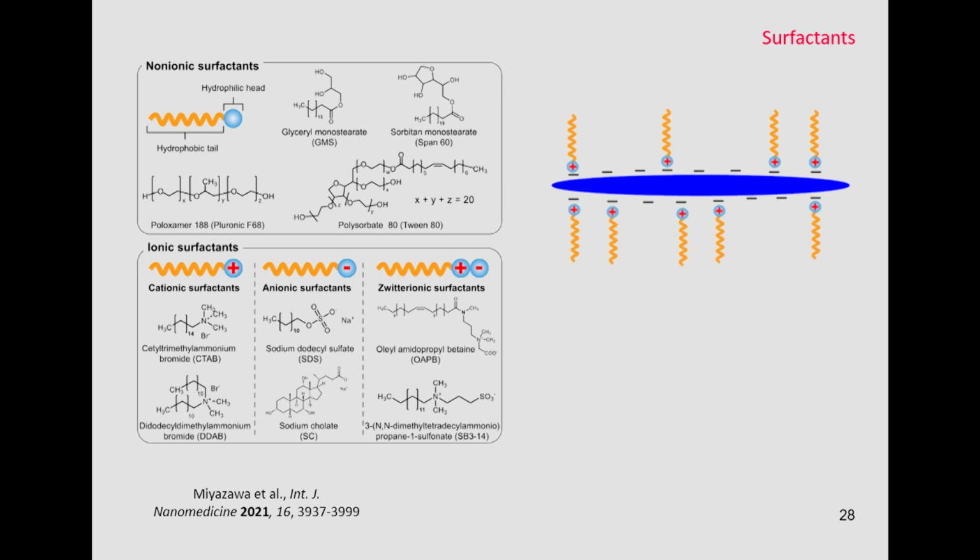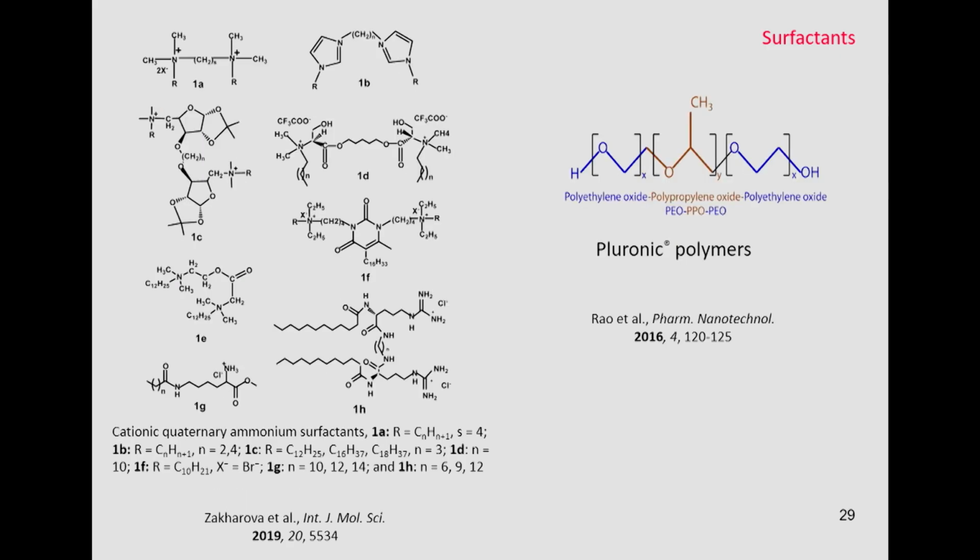So you probably know that there are different types of surfactants. Remember that cellulose nanocrystals are negatively charged because of the sulfate group, meaning that usually cationic surfactants are used. So these are different cationic surfactants.